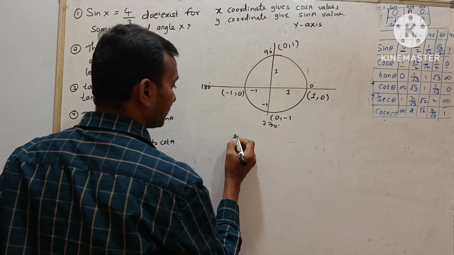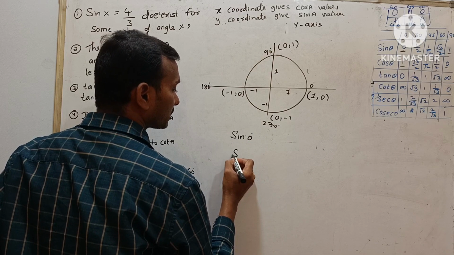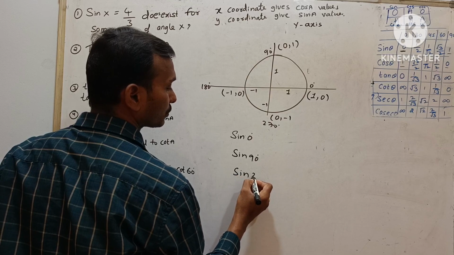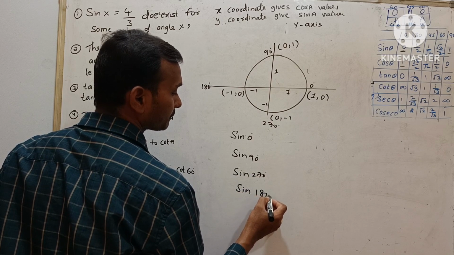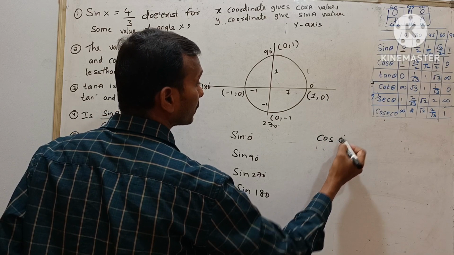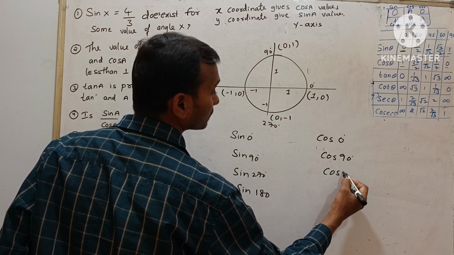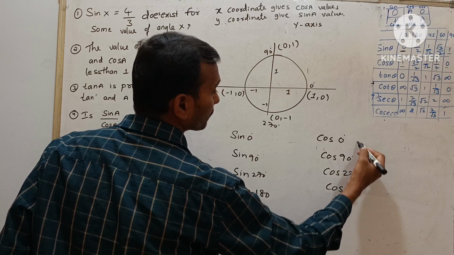So from this we can write sine 0, sine 90, sine 270, sine 180. Similarly, cos 0, cos 90, cos 270, cos 180.